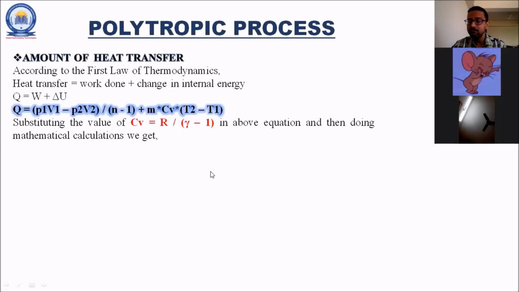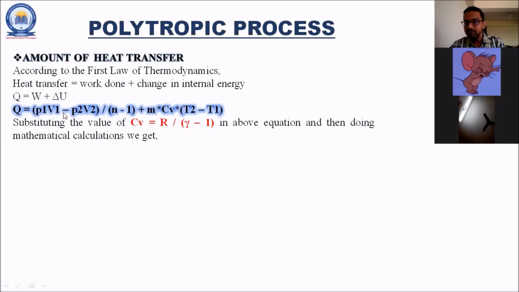mR(T2 minus T1). So mRT2, that is equal to P2V2, and mRT1, that is equal to P1V1, divided by gamma minus 1. Taking the negative sign outside, in this also you will get the answer, that is minus (P1V1 minus P2V2) upon (gamma minus 1).